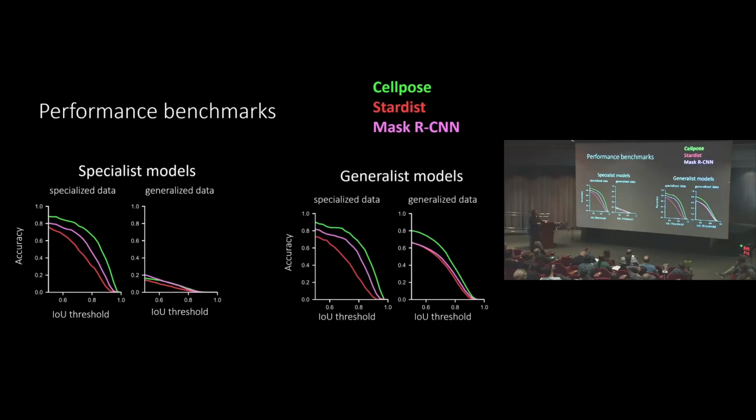In contrast, if we take one of these models that has been trained on generalized data, so on all these different kinds of images in our training set, then you can see two things. One, it still does as well on the specialized data as the specialist models. So we haven't lost anything. It's not like we've bombarded this model with lots of different things to do and it got worse at the things it was already doing pretty well.